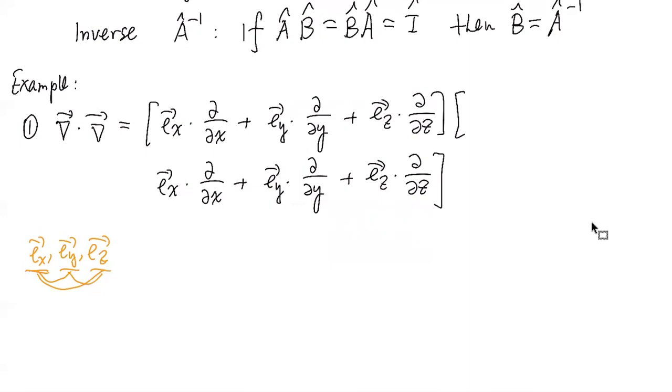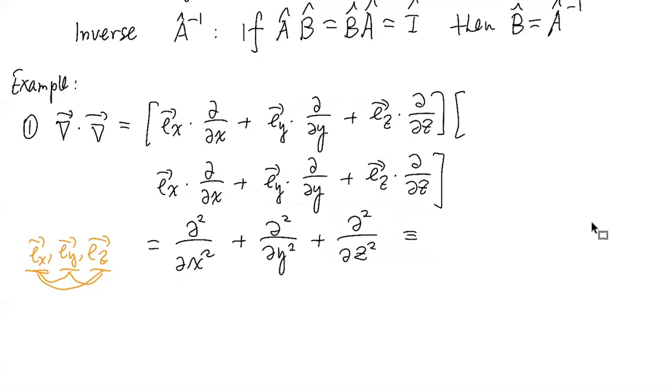And therefore, you end up with partial x times partial x, you get second order differentiation: partial squared, partial x squared, plus partial squared, partial y squared, plus partial squared, partial z squared.